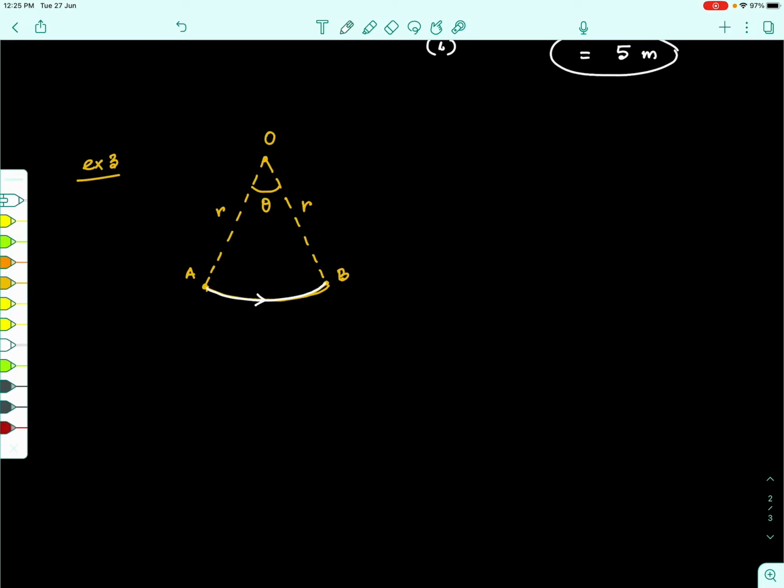Do we all know that if we complete this circle over here, then the total circumference of the circle will be 2 pi r, and this is for a total angle that the circle subtends at the center as 360 degrees or 2 pi radians, right?